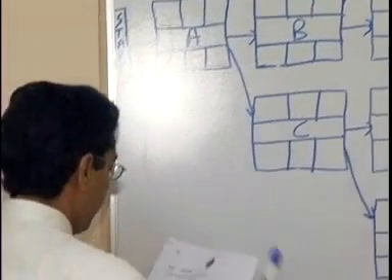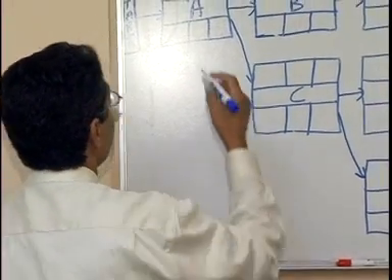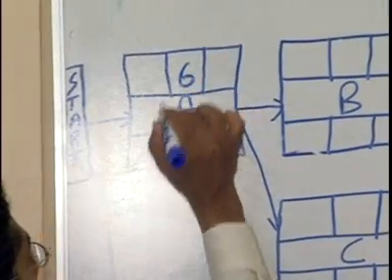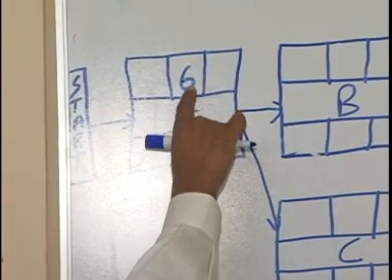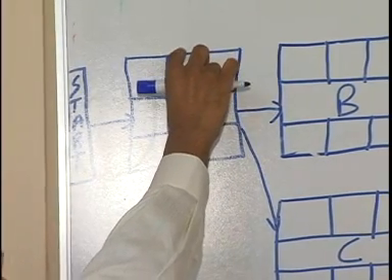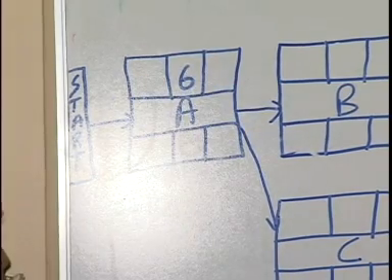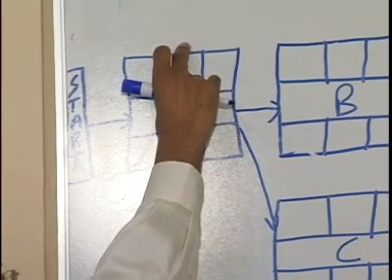Your duration time for activity A was 6. So in your duration part, you put 6. Again, the middle part on the top is for duration time. So your duration time, or in this case expected time, for activity A is 6.